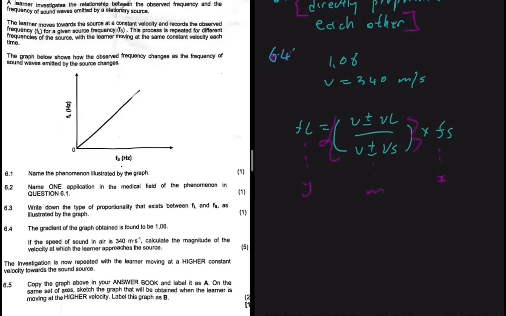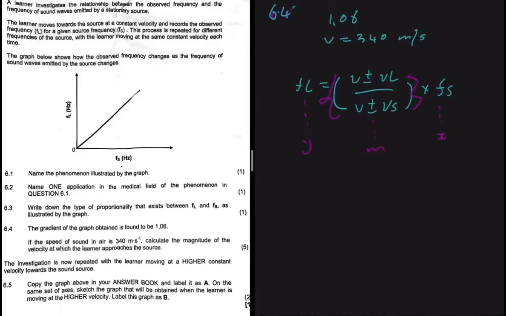So we take that expression and equate it to 1.06 because that's the gradient. So we're saying that V plus or minus VL divided by V plus or minus VS should be equal to 1.06, right? It's not me, it's the question.